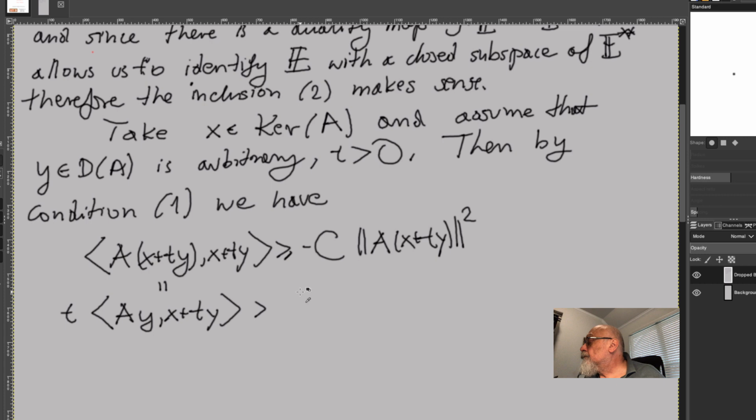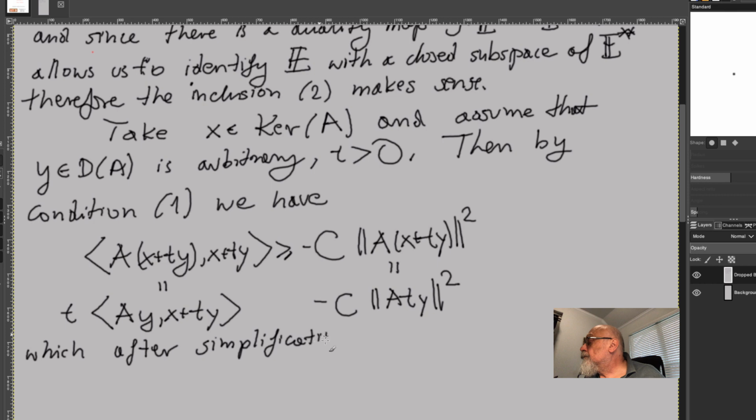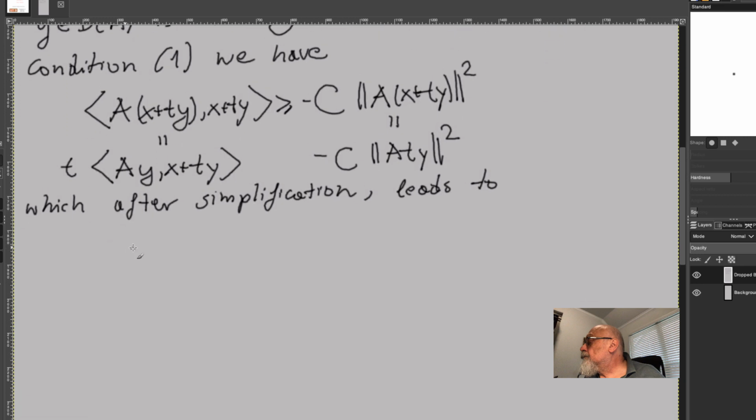Then we are getting that this will be t times Ay, applied on x plus ty, is larger or equal to minus C times the norm of tAy squared, which after simplification leads to the following.